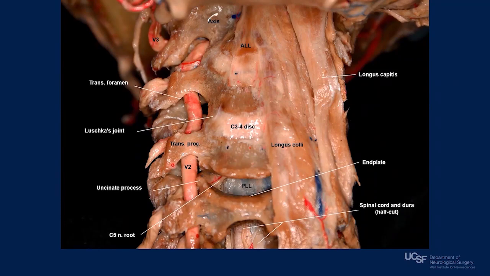We see the anterior tubercle and posterior tubercle of the transverse processes, nerve roots, and we see the V3 segment of the vertebral artery.